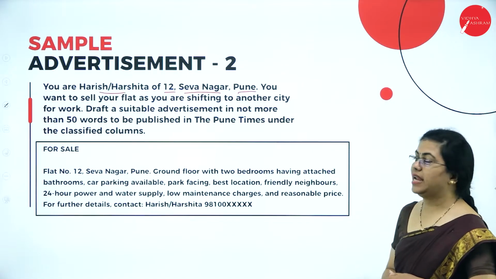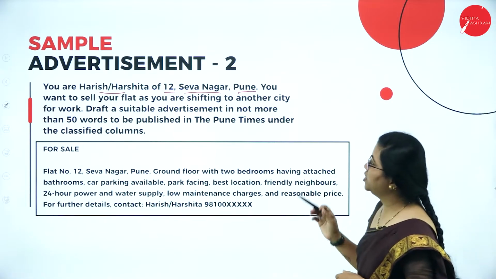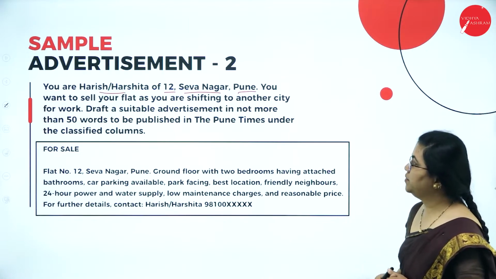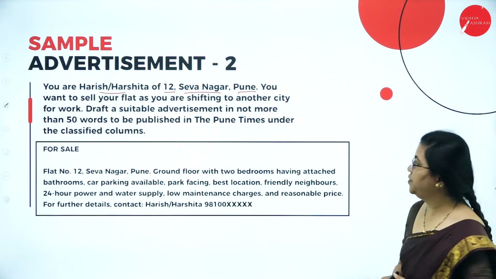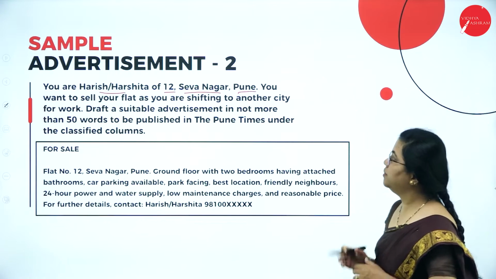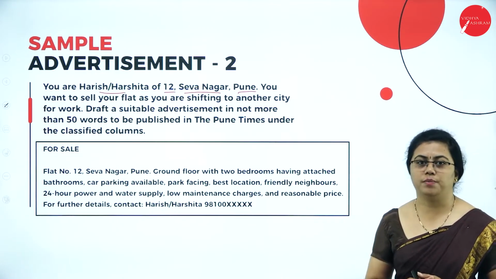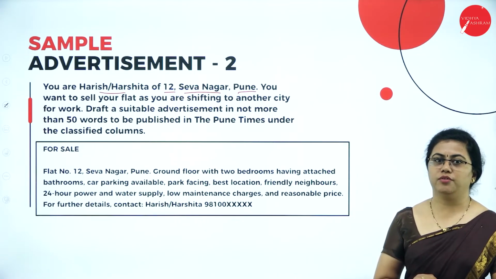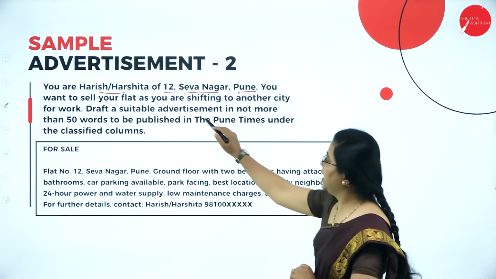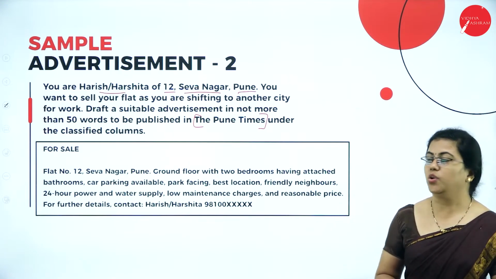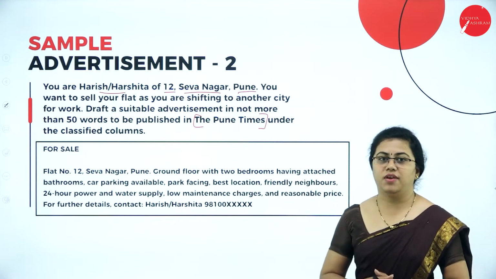You want to sell your flat as you are shifting to another city for work. Draft a suitable advertisement in not more than 50 words to be published in the Pune Times, the name of the newspaper, under the classified column. What is not required over here for you? The name of the newspaper is not required for you. You are not specifying that anywhere over here.